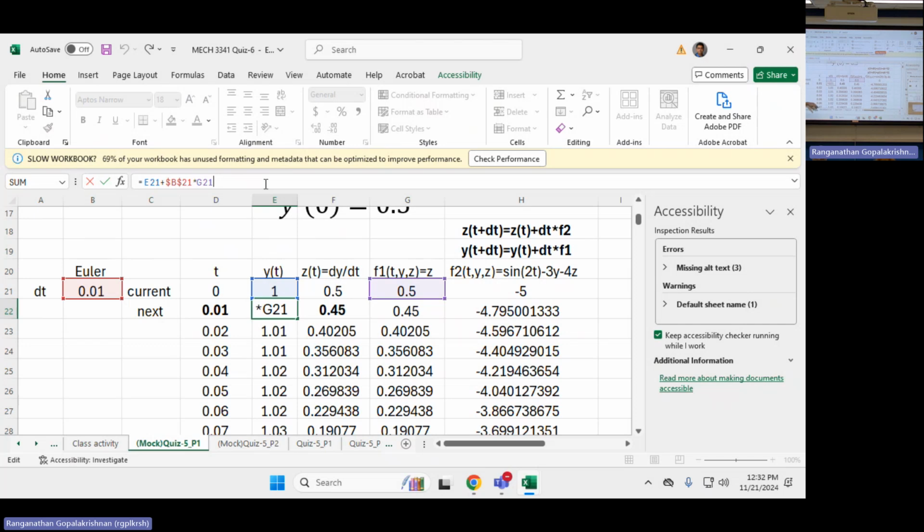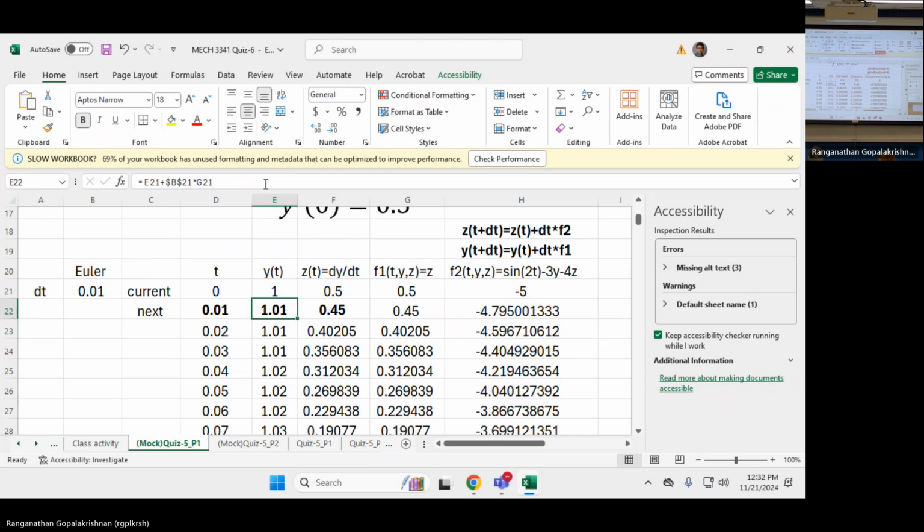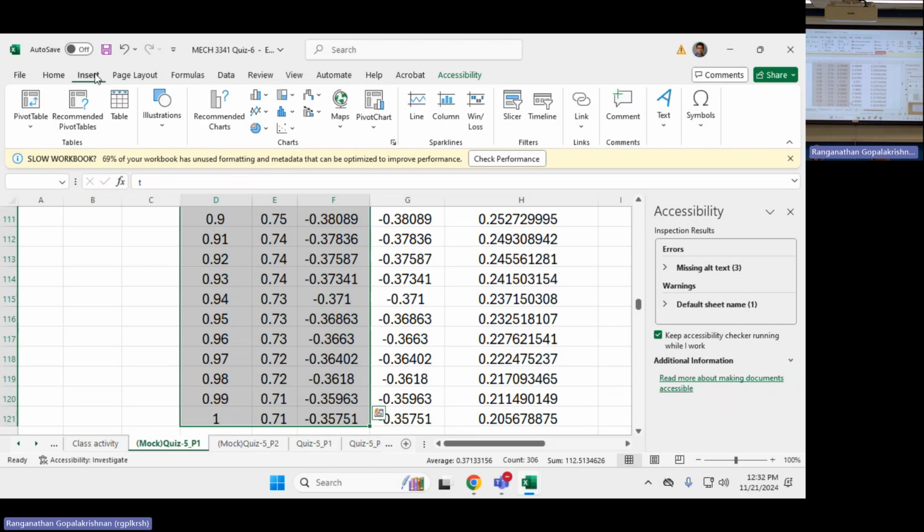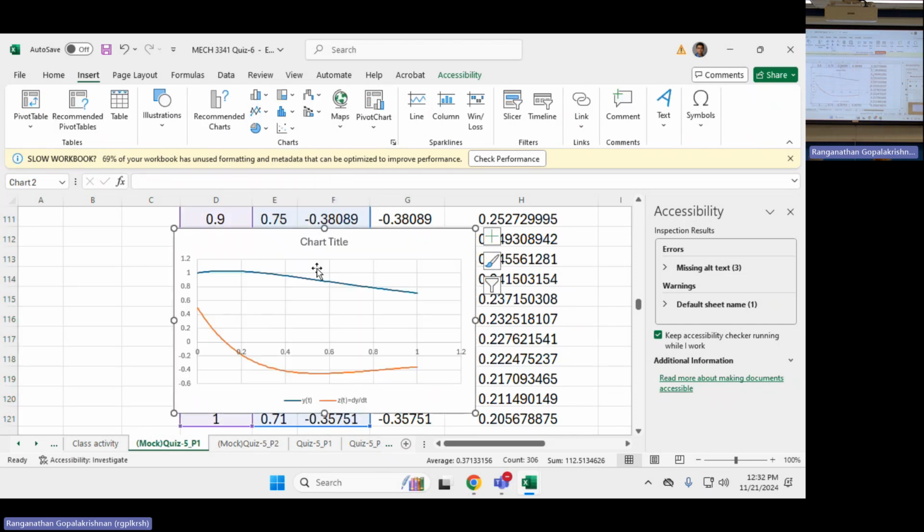Are you able to get these two numbers for y and z? If you have, please tell me so I can move forward. So the next step is just for you to look at the solution that you got, plot it, and see how it looks.